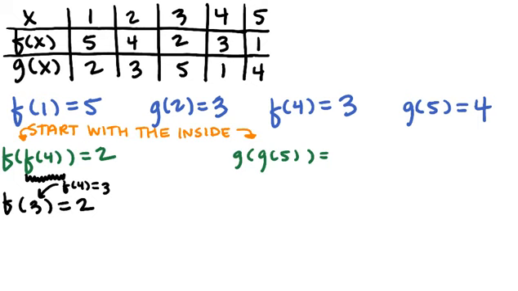Y'all try g of g of 5. All right, there you go. So g of 5 was 4. You plugged 4 into g again, and you got 1. So g of g of 5 was equal to 1.